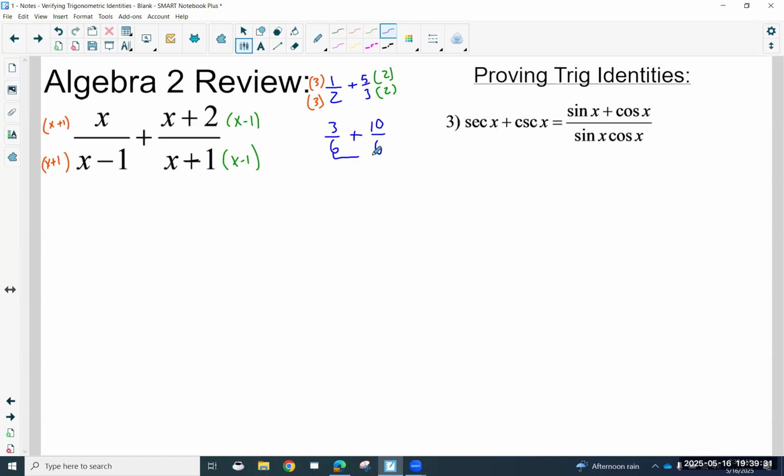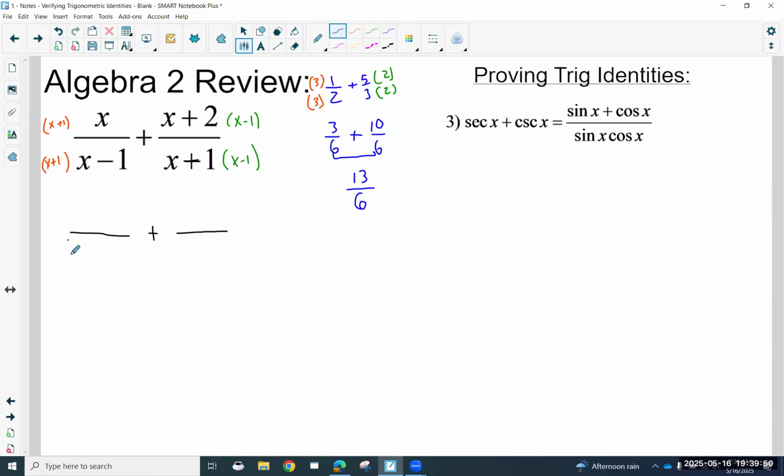But now that these are the same, I'm adding out of sixths. It's like a variable actually. So now that I have the same variable, I can combine the like term in the top and get 13/6. So that's the concept over here. In order to have a common denominator, I multiplied this over there and that over there.